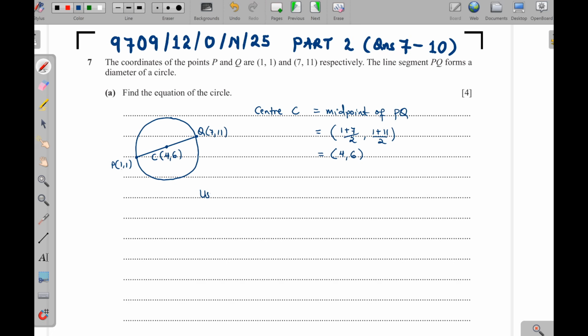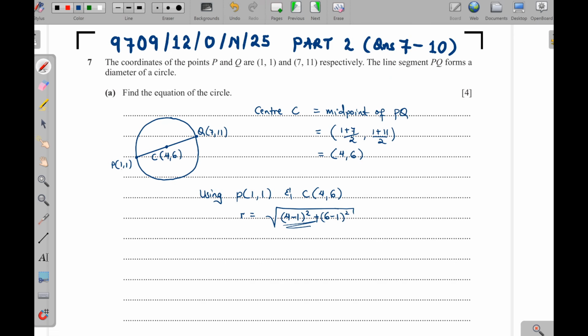Now, using P, which is (1, 1), and C, which is (4, 6), the radius is going to be the square root of the change in x, that will be (4 minus 1) squared, then the change in y is (6 minus 1), then squared.